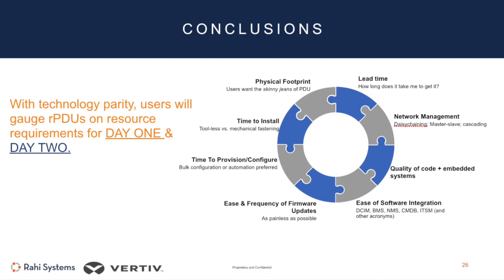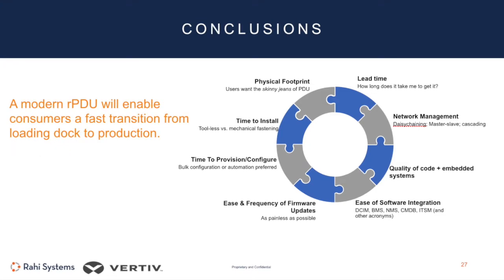So some of those requirements are listed here in this puzzle piece, and we've talked about many of them. Provisioning, configuration, updating firmware, network management, all those play into the resources required, and each organization is a little bit different. But what these all get to is the heart of the argument, which is speed.